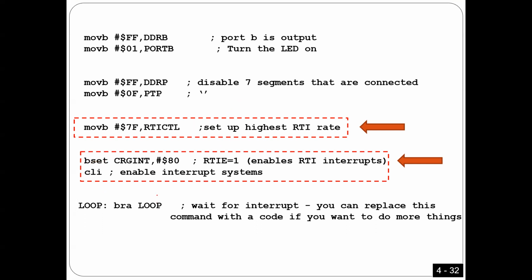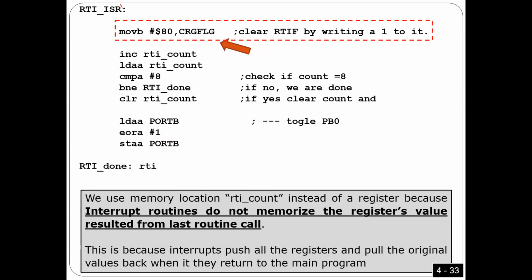And then again, because this is just a very simple program, I have only one task. That's why the main program is free. That's why I'm just going to make an infinite loop here. Why do you make an infinite loop here? Because if I don't put this part, it's going to go all the way and execute this one, because this is the main program.